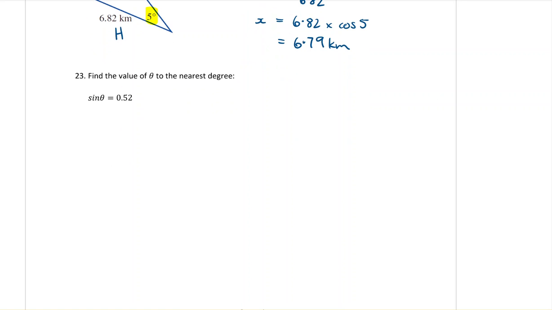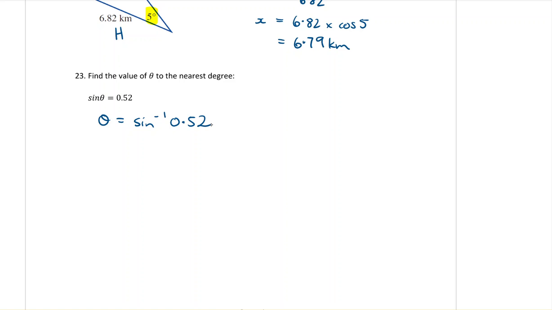One last little one here, question 23. Find the value of theta to the nearest degree. This is again trigonometry. I'm just trying to get the angle this time. If we're trying to get an angle, that means we need to do the inverse sine or cos or tan, whatever we're given there, of the number that we'll have there.